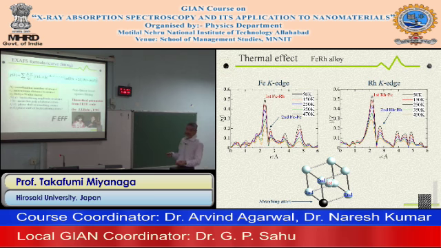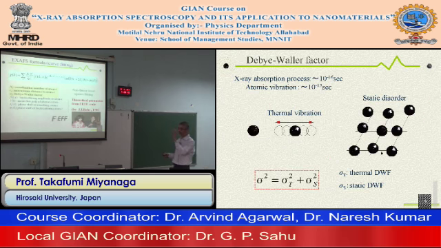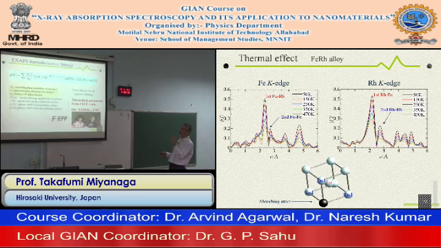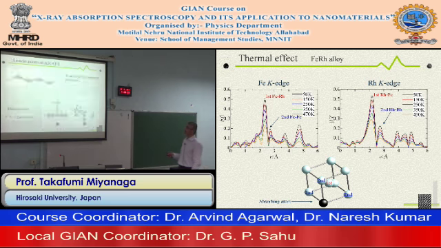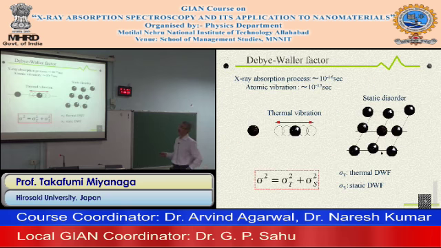Of course, physically, the thermal motion diminishes the backscattered electron amplitude. The X-ray absorption process is very fast, 10 to the minus 16 second. Compared to the atomic vibrations, it's 1,000 times faster.